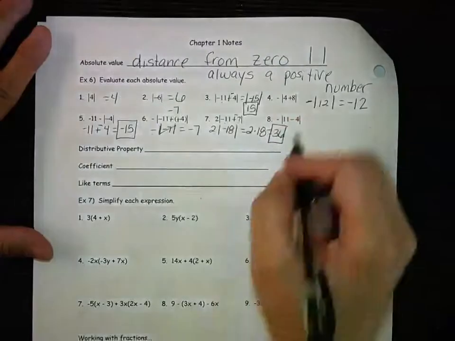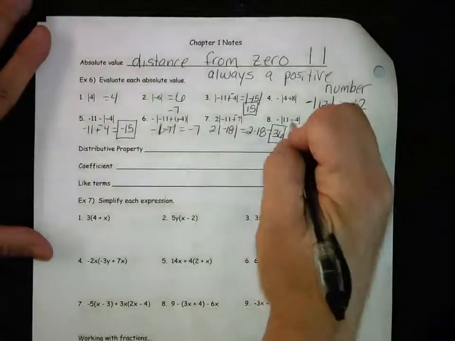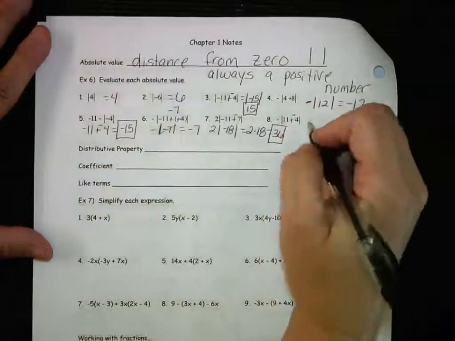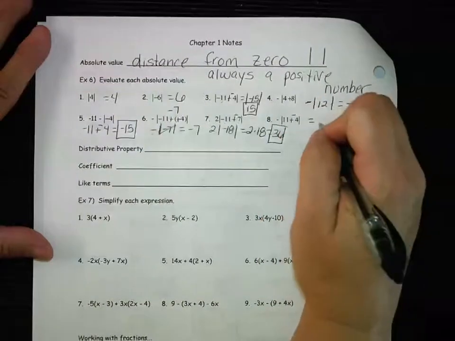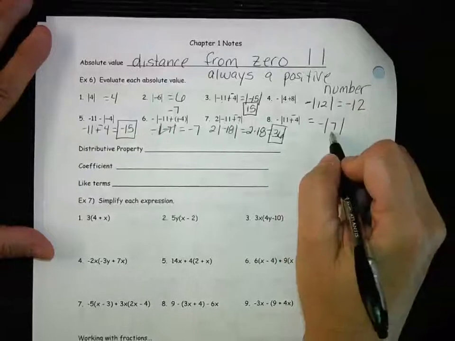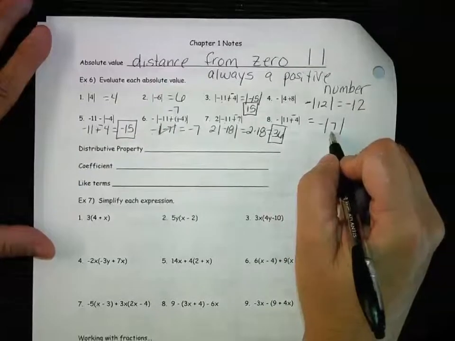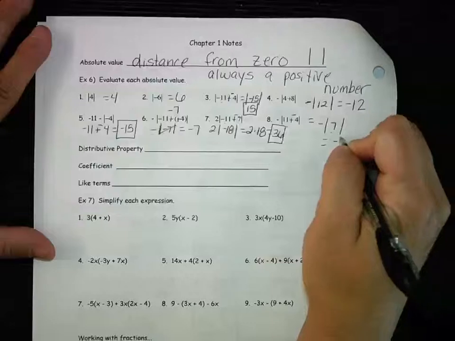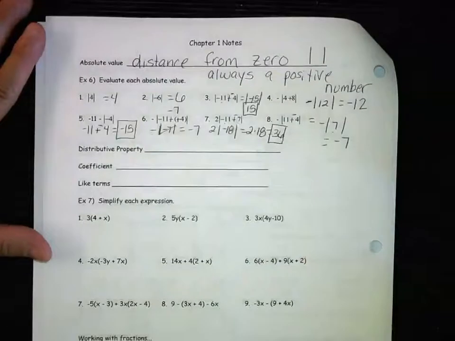And number 8, negative 11 plus 4 is negative 7. Absolute value of negative 7 makes it a positive, and then you put the negative in front of it. So you have negative 7.